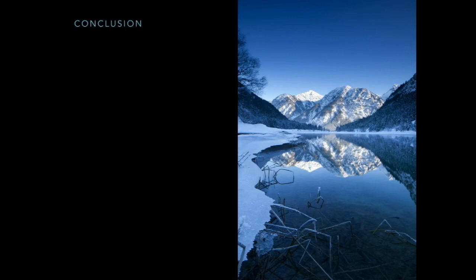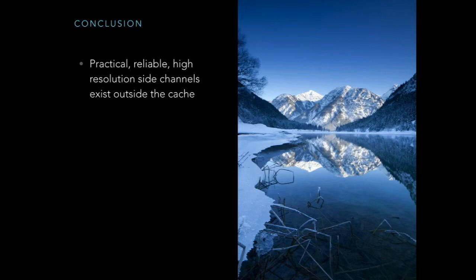Okay, so what are the takeaways that I would like you to take away from this talk? Outside the cache, we can still do practical, reliable, and high-resolution side channels that have realistic security results.